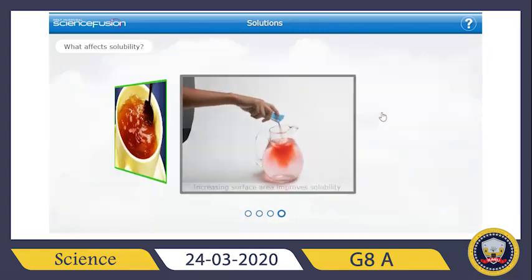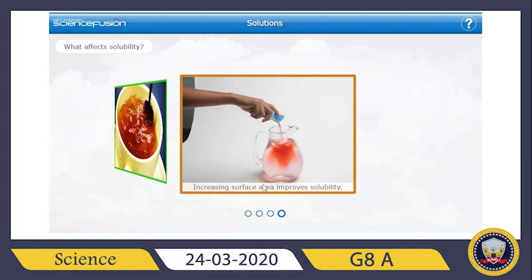Okay, and also we have something called surface area. So imagine that you are putting a sugar cube and also a grained sugar in 2 different cups of tea. The sugar cube will dissolve slower. It will take more time because the surface area is lower there.